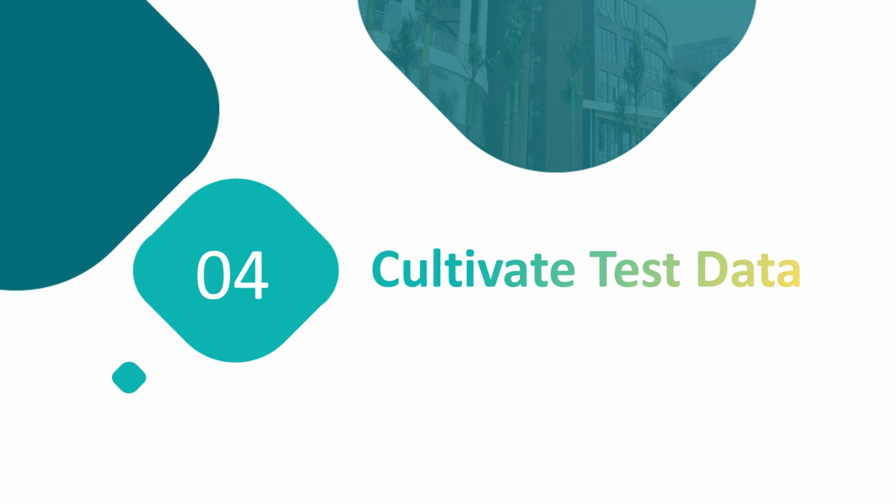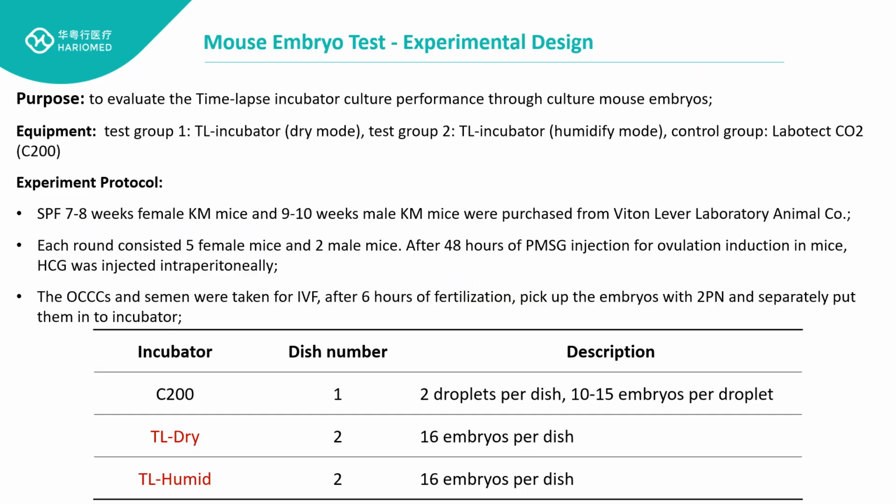So next, I would like to share some culture test data between our incubators and the C200. So we test the performance of Hariomed time-lapse incubator for both dry and humidity modes, using Labotex C200 as a control group.